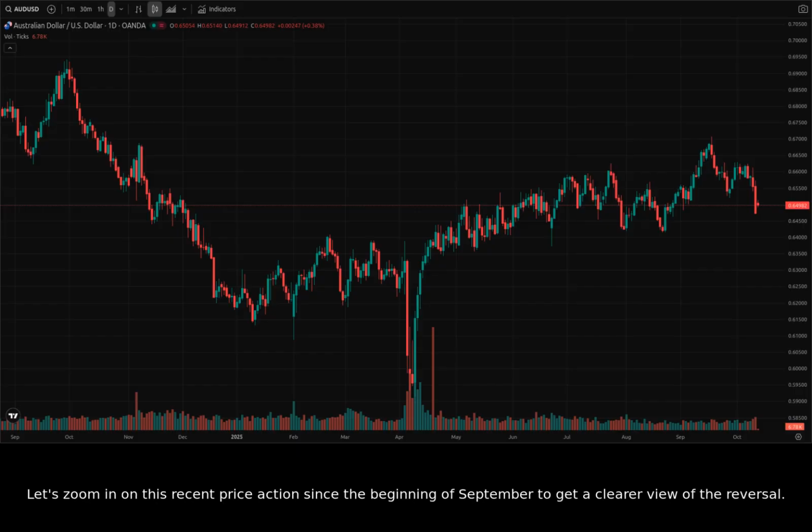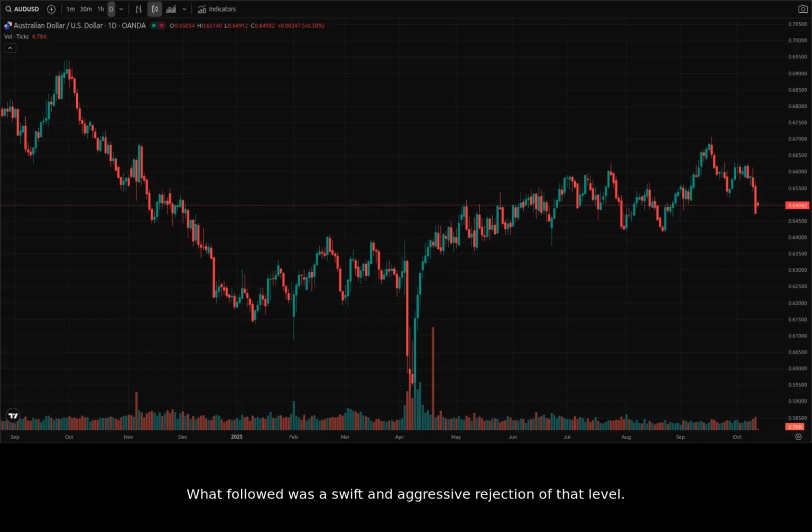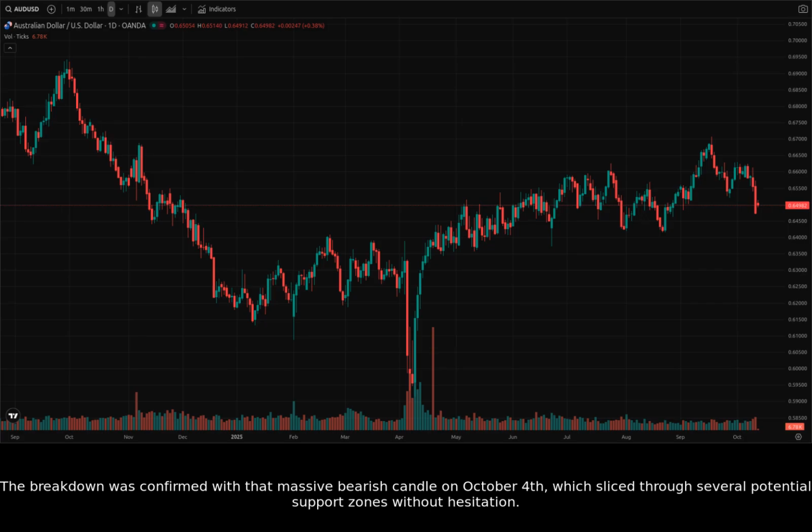Let's zoom in on this recent price action since the beginning of September to get a clearer view of the reversal. The pair topped out around the 0.6940 level on September 27th, which now stands as a major long-term resistance. What followed was a swift and aggressive rejection of that level. The breakdown was confirmed with that massive bearish candle on October 4th, which sliced through several potential support zones without hesitation.